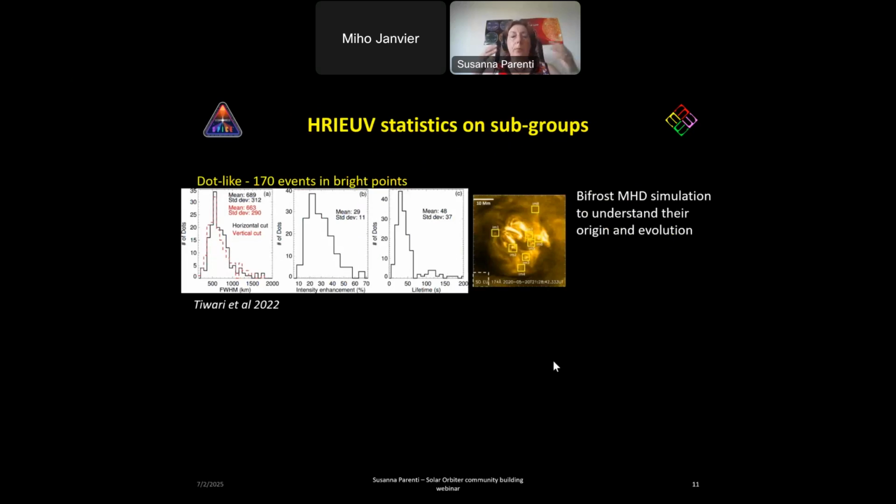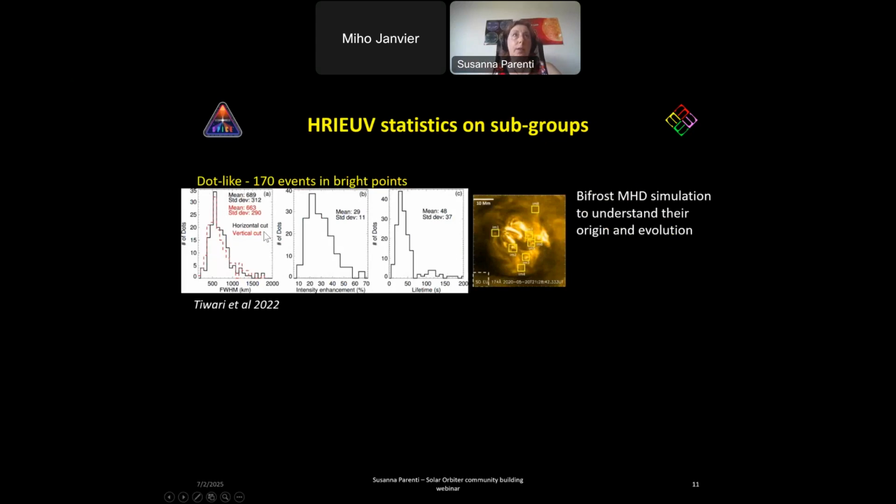There are other works that, instead of using the whole database of events detected automatically, as I just showed, concentrate more on one kind of brightening. This is the case for what are called the dot-like events happening in a bright point, by Tiwari et al.